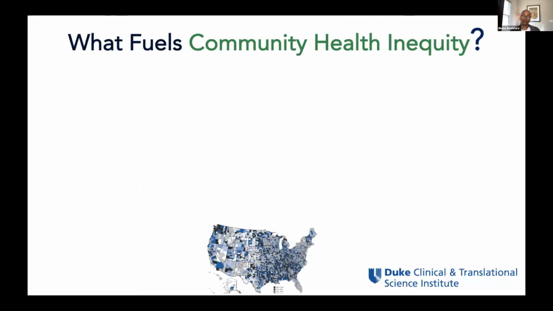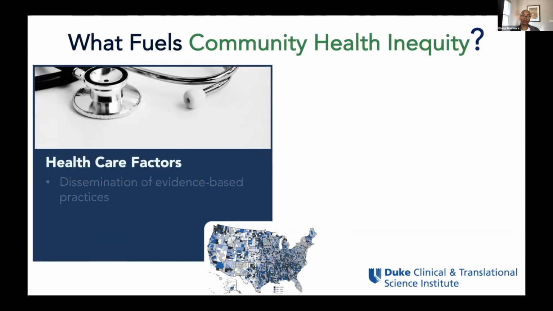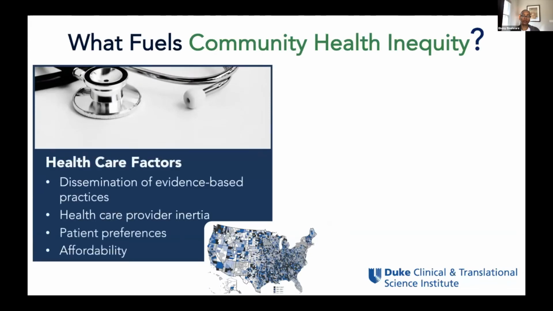And we start to think about what fuels these types of community health inequities. There's a lot of work that's been done looking at whether health inequities, in particular when it relates to certain chronic conditions that may be drivers for dementia, may be related to dissemination of evidence-based practices or healthcare provider inertia or patient preferences, whether people are able to take medications.